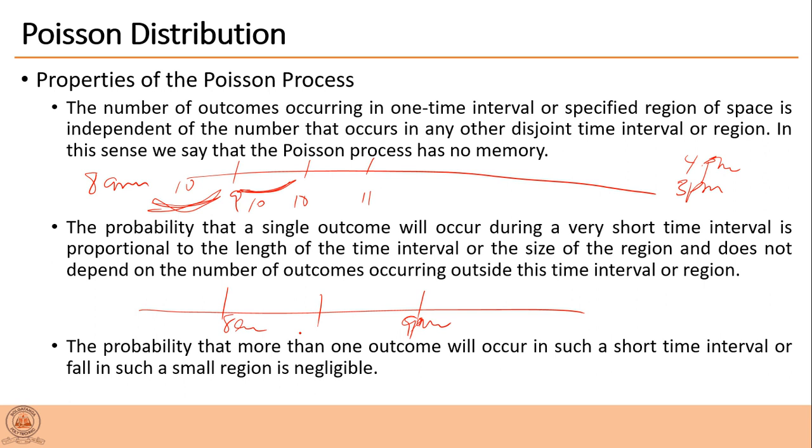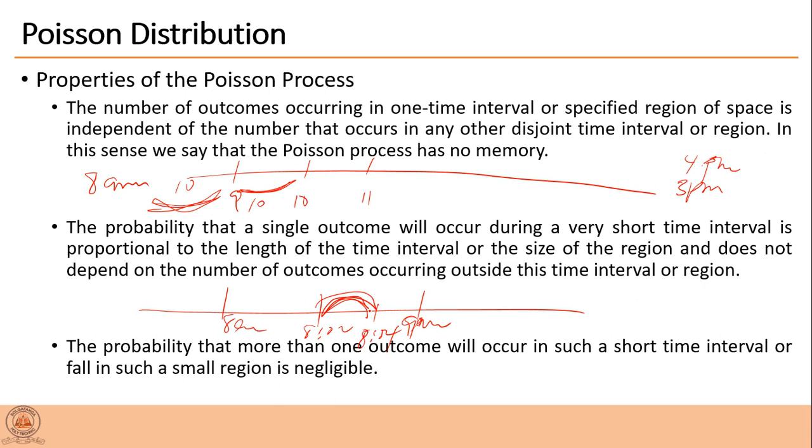So from 8, we are looking at a 2 minutes interval, that will be 8 to 8:02. So within these 2 minutes, you won't have a lot of people coming in. So the probability of people coming in within this short period is very, very small, very minute, that we can just throw away without having to worry about it.